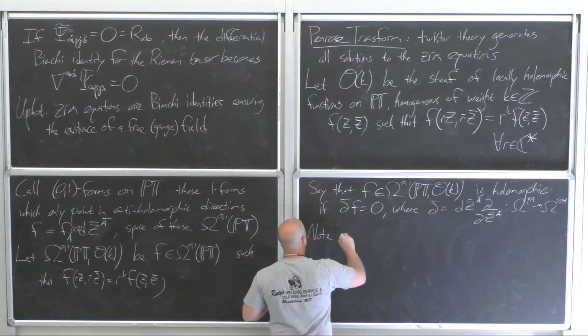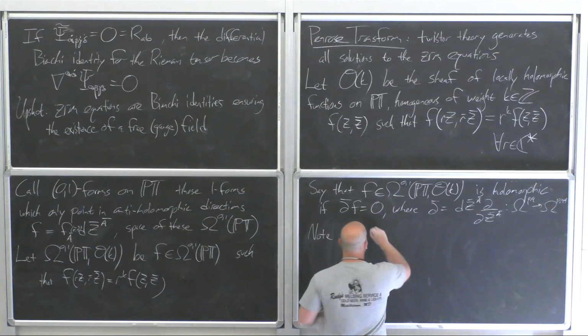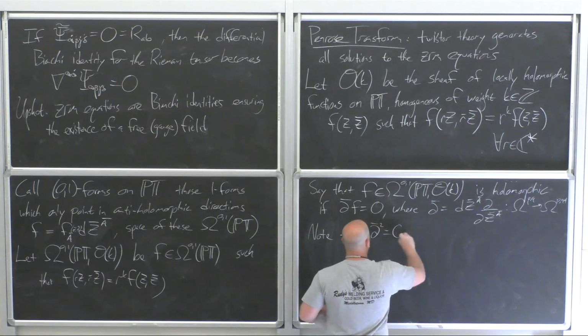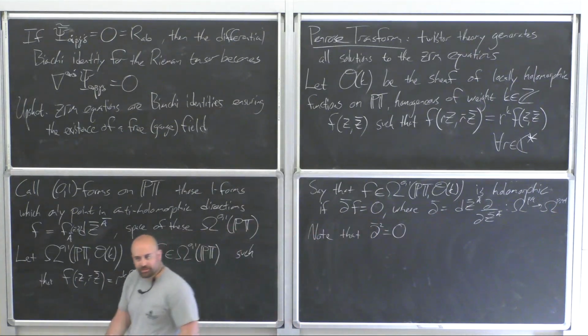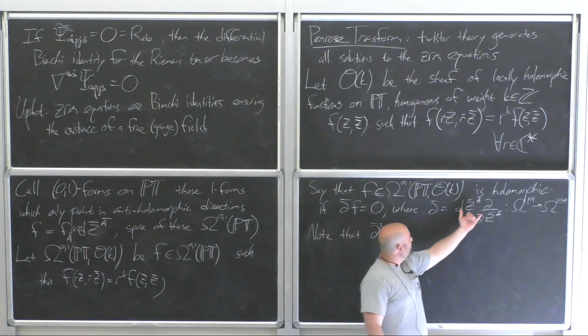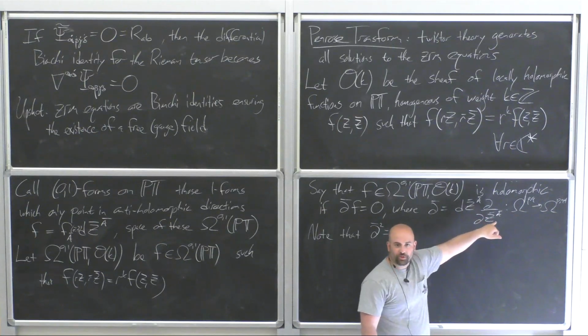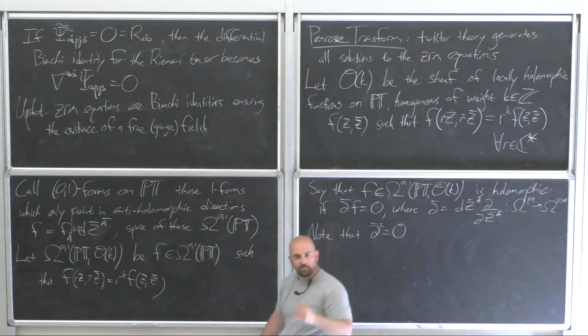Okay? So note that this operator, d bar, is nilpotent. So why is it nilpotent? It's nilpotent for the same reason that the exterior derivative is nilpotent, right? Because if I act with this thing twice, I'm going to get 2 dz bars wedged against each other, but those are going to be contracted into 2 partial derivatives, and partial derivatives commute. Okay?